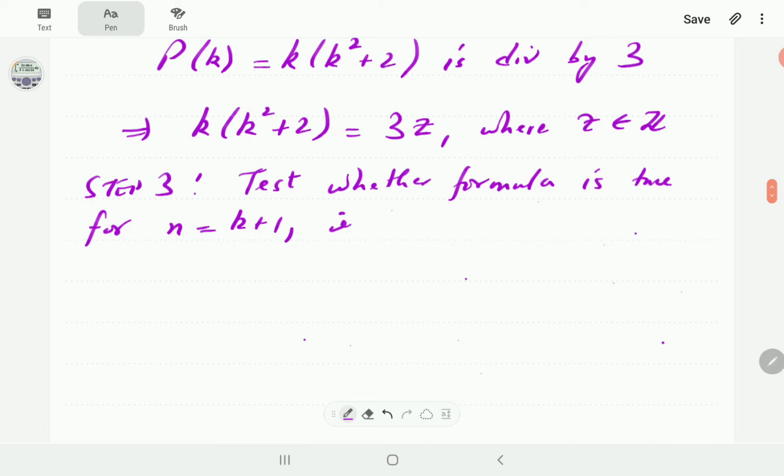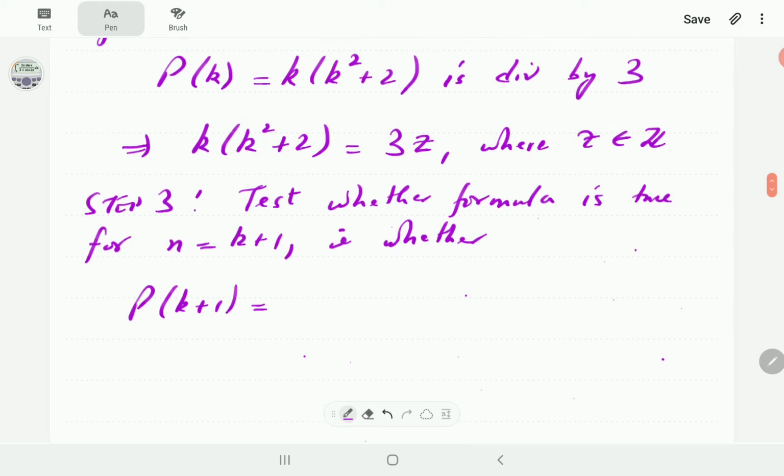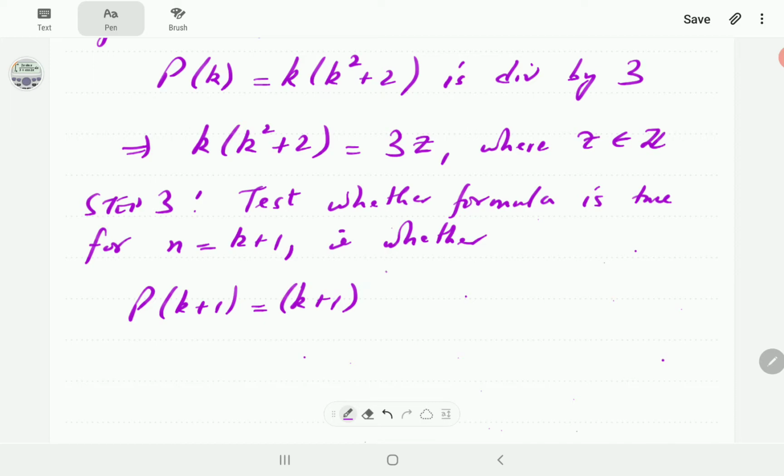So let's test whether P of k plus 1 is divisible by 3. P of k plus 1 we're going to get by replacing every k by k plus 1 here. So this is going to become k plus 1, and this is going to become k plus 1 squared, and then plus 2.